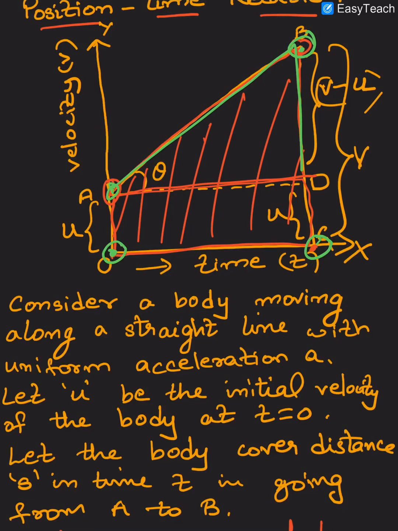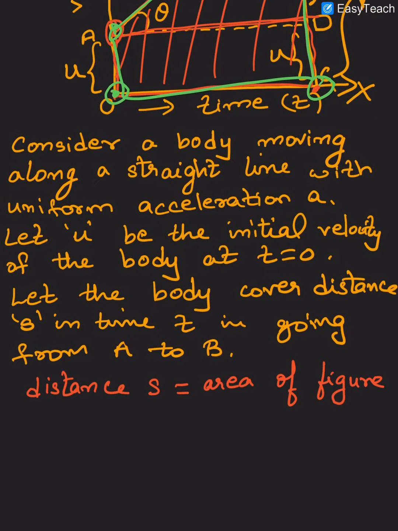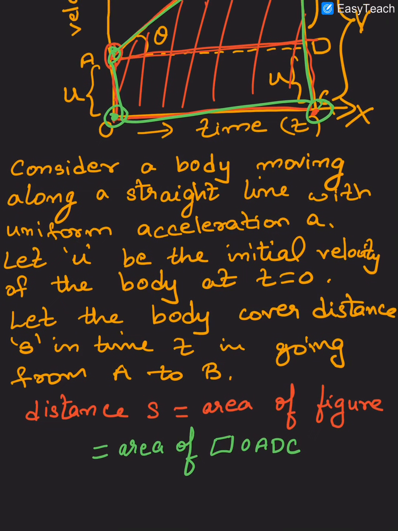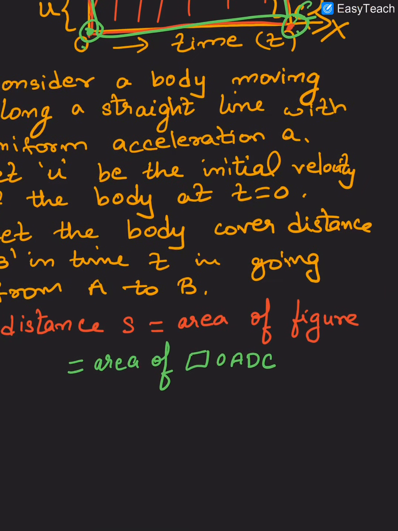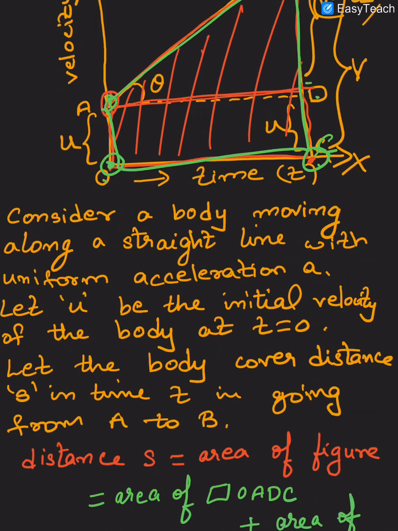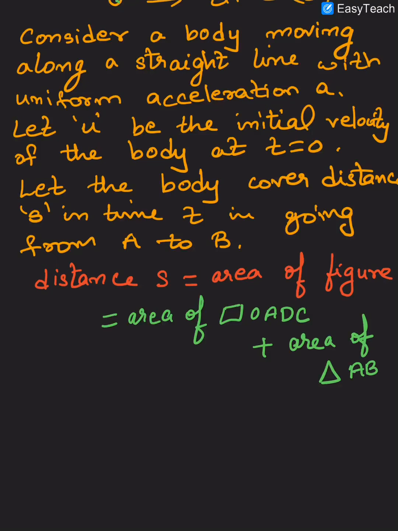This whole portion, when you find the area, you will get distance. So the area is given by the area of rectangle OADC, plus the area of triangle ABD.